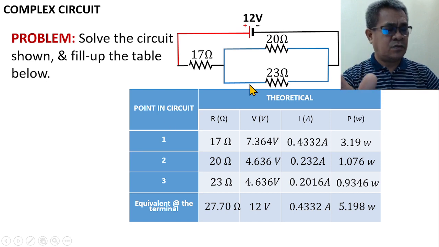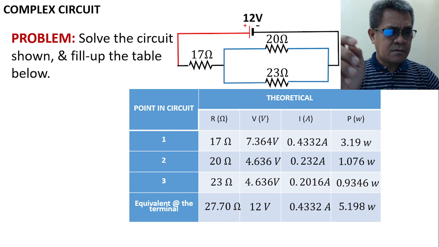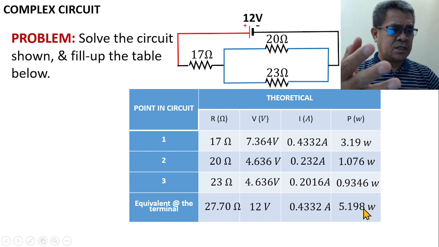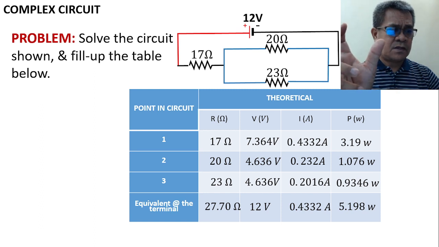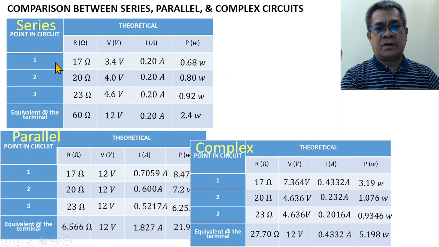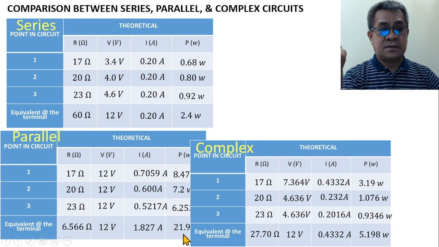So what do you think? Which connection consumes more power? Remember, these are the consumed powers. Which connection provides more power consumption? If you compare the two, the total power consumed by series is 2.4, while in parallel we have 21.